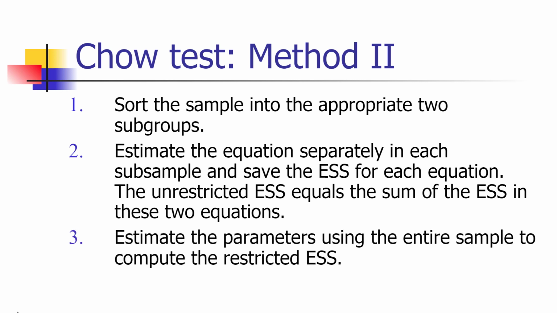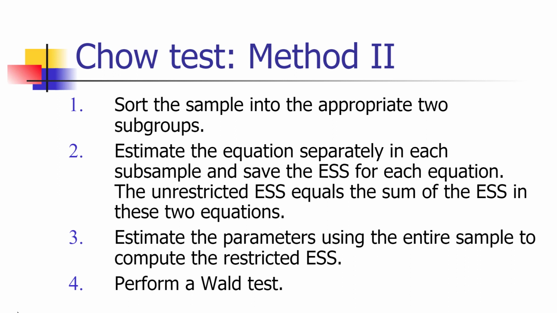And then you estimate the parameters in the restricted version of the model where the parameters are the same using the entire sample. And then again, you perform a Wald test, and this gives you exactly the same value as in method 1. So this test is a little bit easier because you don't have to create all those interaction terms.